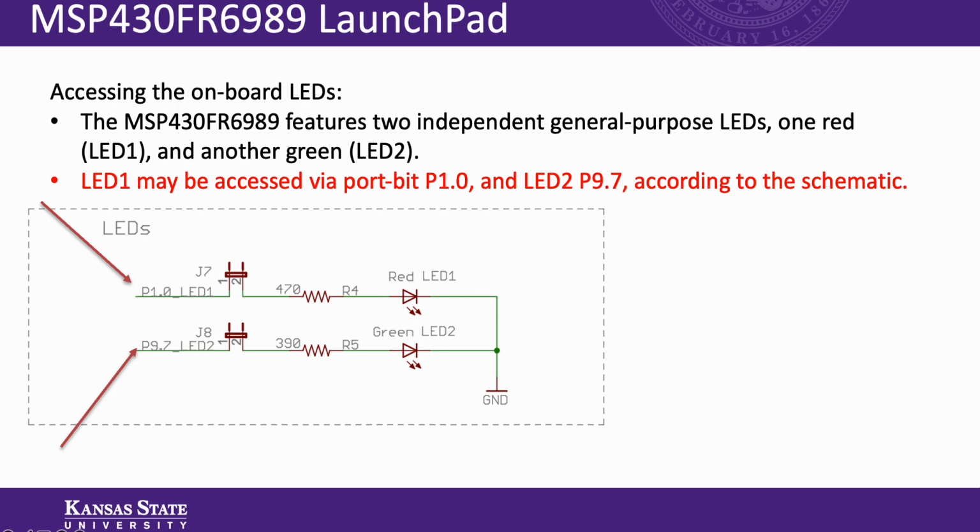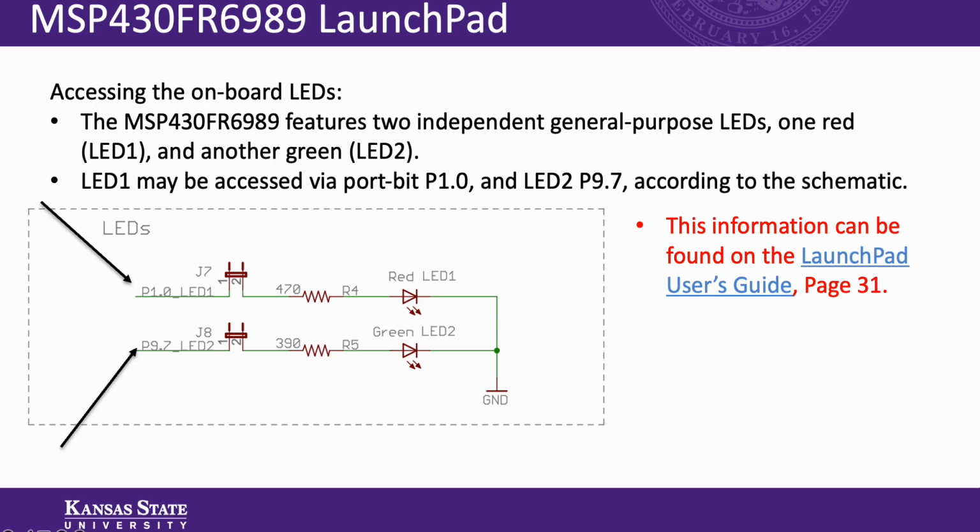LED1 may be accessed by the 0th bit of the first port, that is, port P1.0. LED2 may be accessed by the 7th bit of the 9th port, or port P9.7.